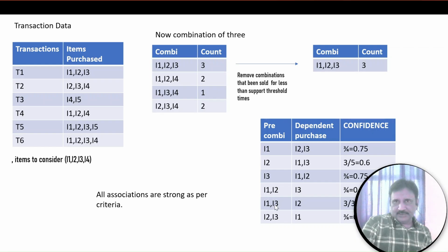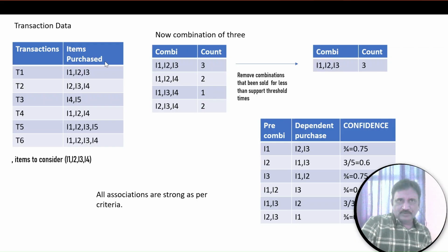Now, after I3 is purchased, I1, I2 will be purchased in the first transaction, not the second, not the third, not the fourth, but the fifth and sixth. So 3 times out of 4 this will happen. So the confidence of purchasing I1, I2 after I3 is purchased is 75%.